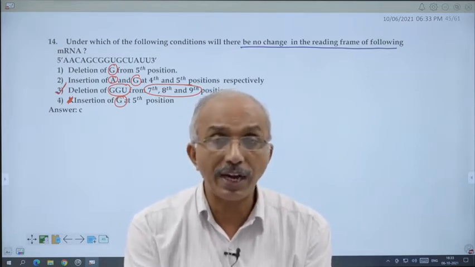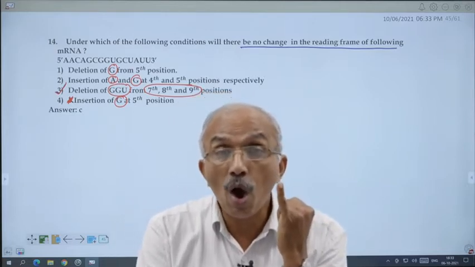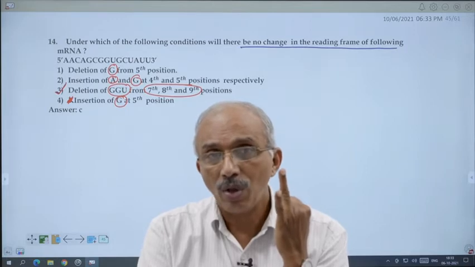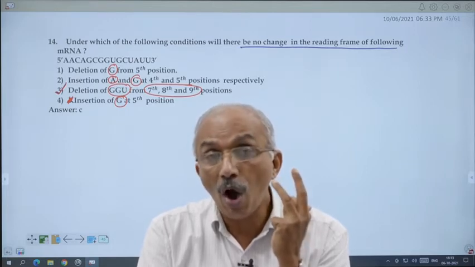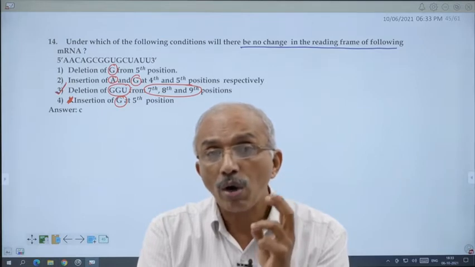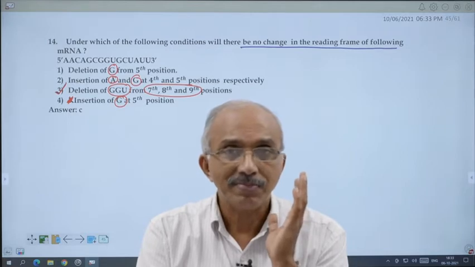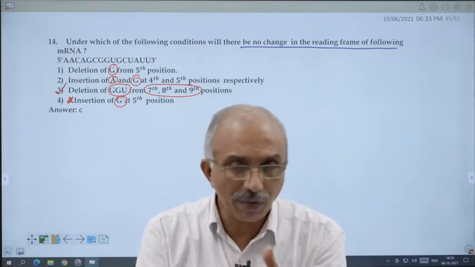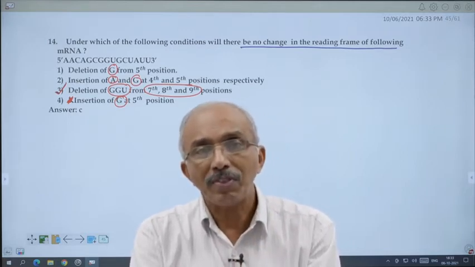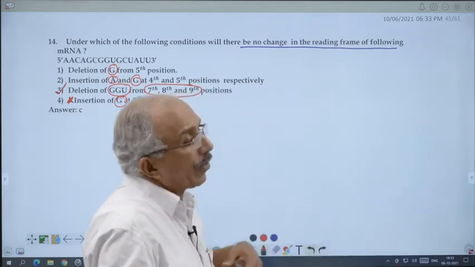Altering of the reading frame, how? Insertion or deletion of 1 or 2 nitrogen bases causes frame shift mutation. That is, change in reading frame.